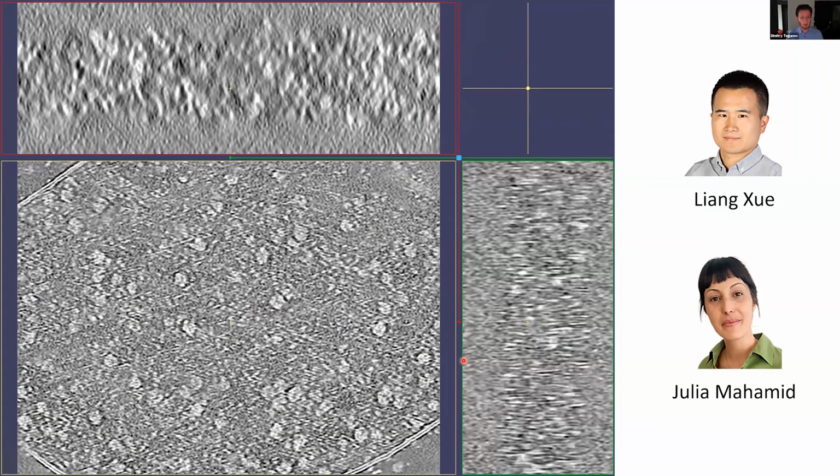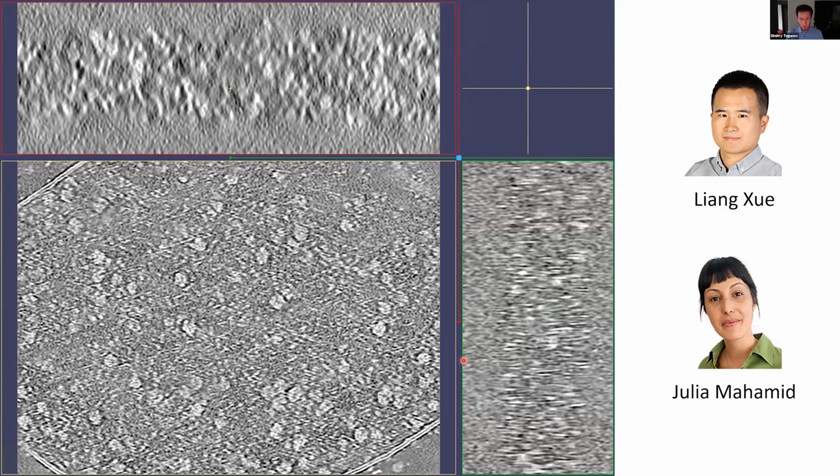And they had collected a very interesting data set where they took whole Mycoplasma pneumoniae cells, put them on a grid, and those cells are tiny enough so you don't have to FIB mill them. So you can basically put them on a grid and collect data right away.